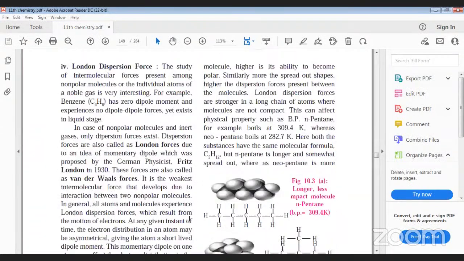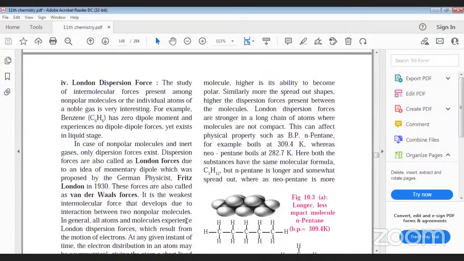So basically, there are three things we have studied in London forces. First, we studied van der Waals forces of attraction. Then we saw that London dispersion forces are present between molecules which are non-polar, or inert noble gases, or molecules of the same kind like oxygen, nitrogen, helium, and so on.